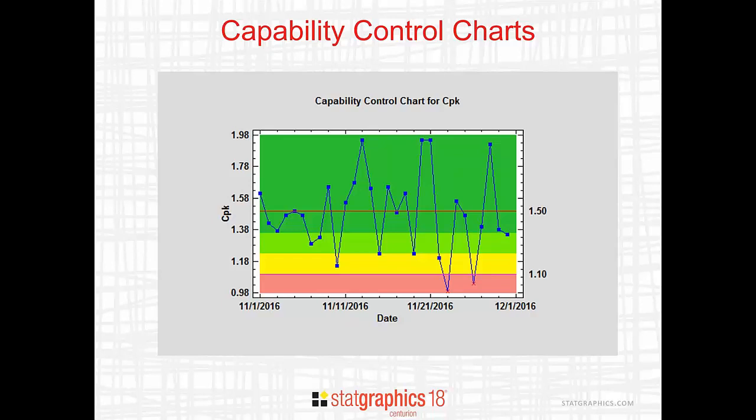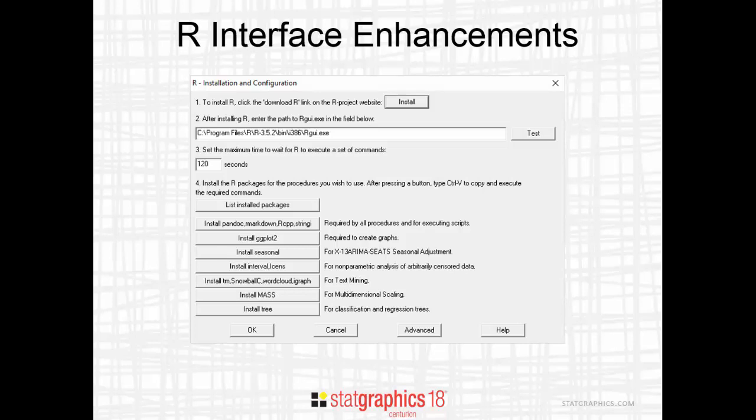So this particular procedure, the capability control charts, are for people who routinely compute CPKs and want to monitor them against a particular standard. Okay. Well, those are some of the SPC changes.